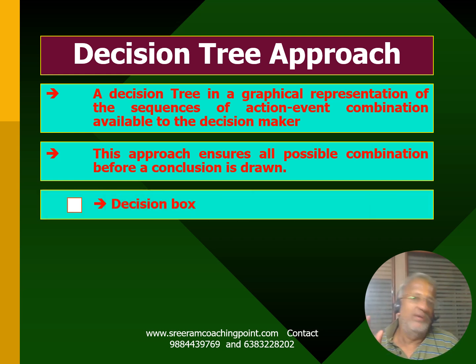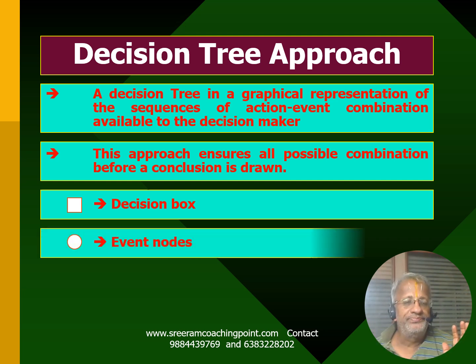In a decision tree, a small rectangle or square can be drawn, that is a decision box, where your decision box should have a minimum of 2 alternatives available. They either invest or do not invest, like that.